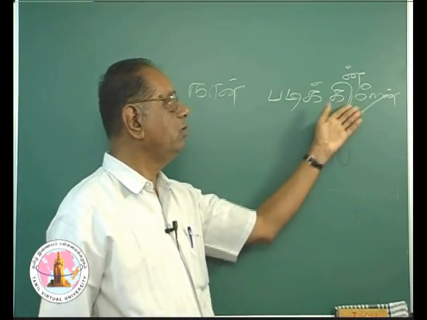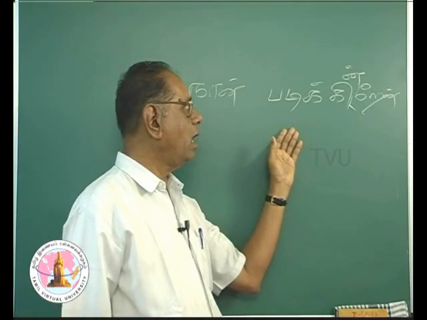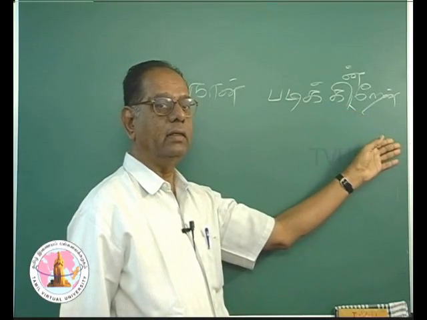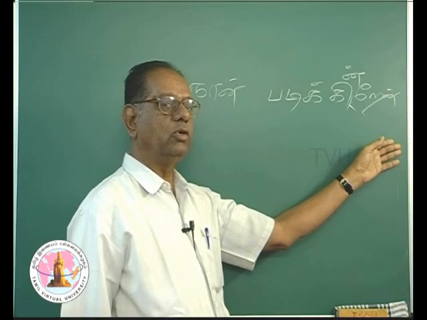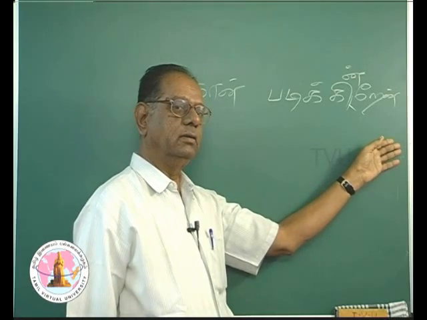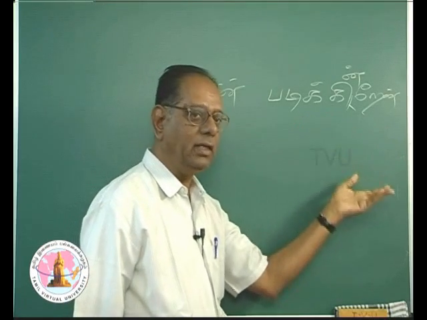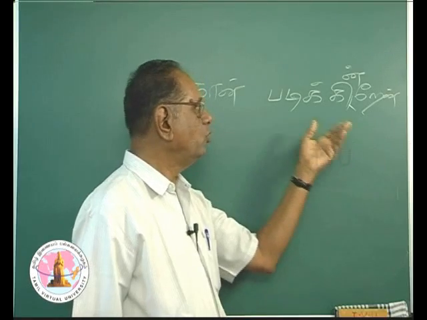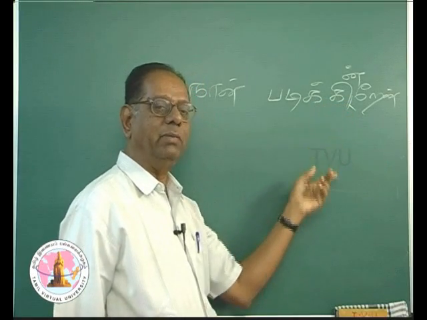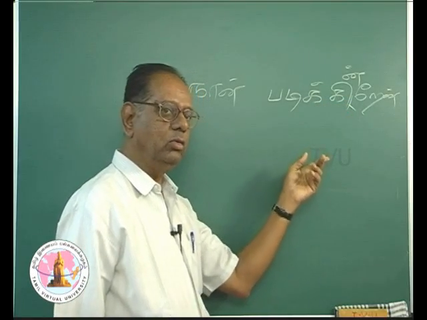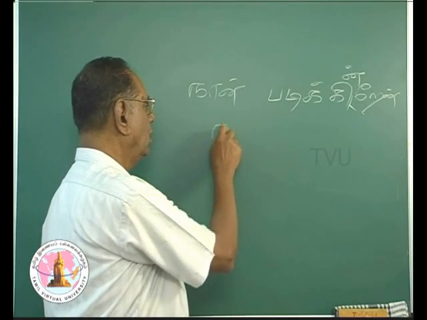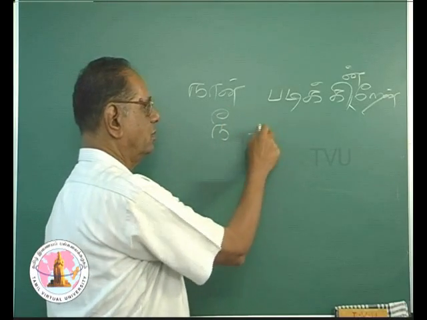I use kindru here. நான் படிக்கின்றேன், nothing goes wrong. It sounds all right. There is no change in the meaning. So, this kindru can be added to all the subjects.